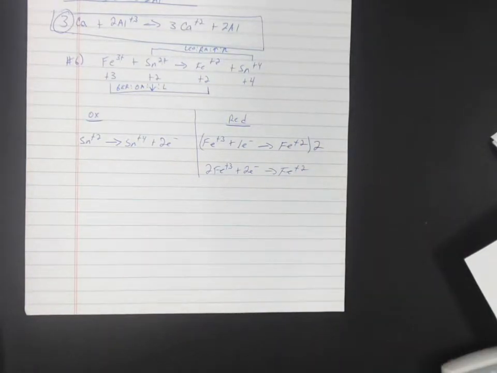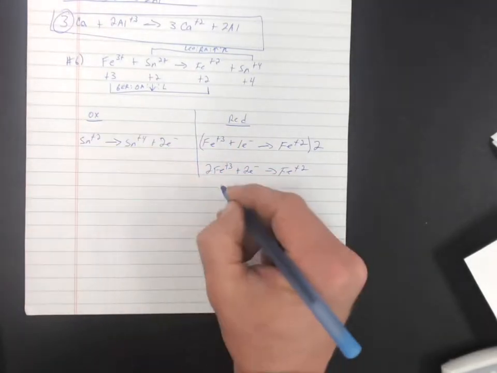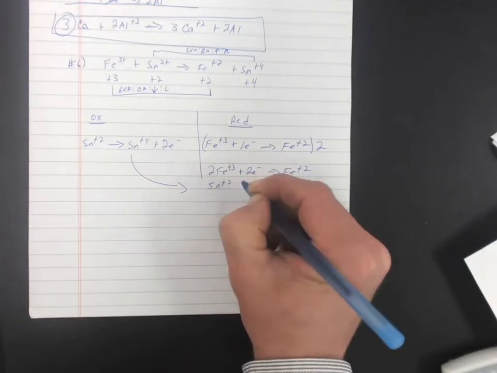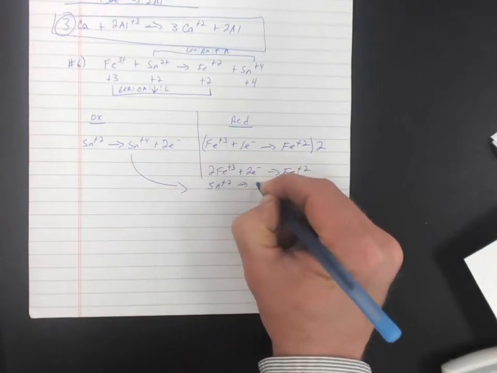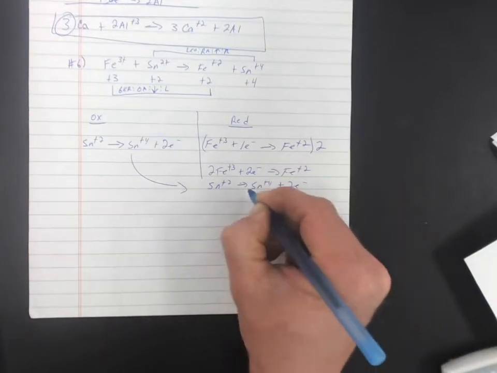Krista, from this point on, what can I now do to both of those half reactions? I've got my electrons lost and my electrons gained, so I simply have to do what to get the overall? Very good. Add them together. So I'm going to bring my oxidation one down here underneath, just so I can add it easier. So this becomes my Sn plus 2 yields Sn plus 4 plus my 2 electrons.